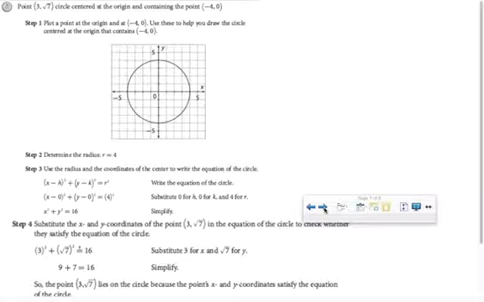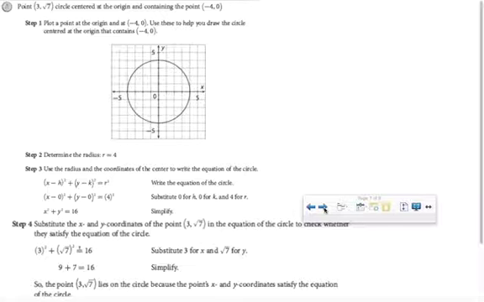And so they plotted a point at the origin, they plotted a point at (-4, 0), and then used that information to draw the circle. Well, if the center is at (0, 0), and it passes through (-4, 0), that's why the radius is 4, because (-4, 0) is 4 spaces away from (0, 0). And then they wrote the equation of the circle and got x² + y² = 16.